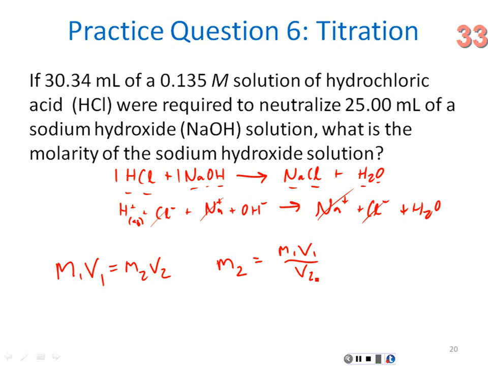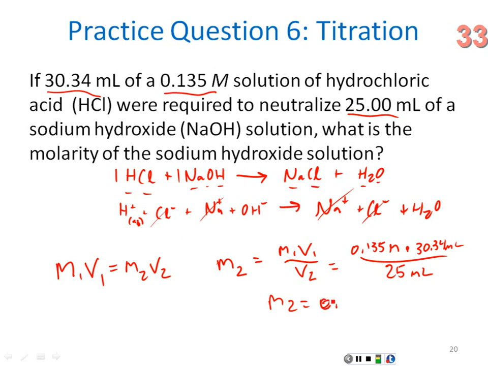And we're given M1 and V1, and we're also given V2. So we simply plug those in. And what we get as an answer would be 0.164 molar. Okay.